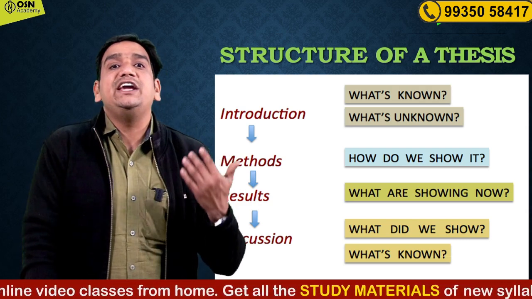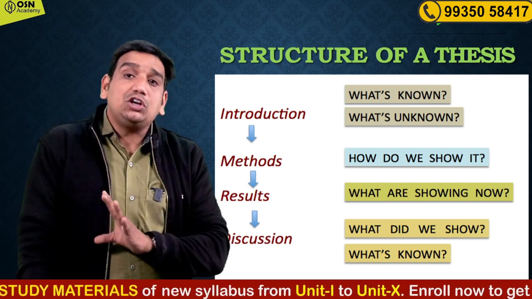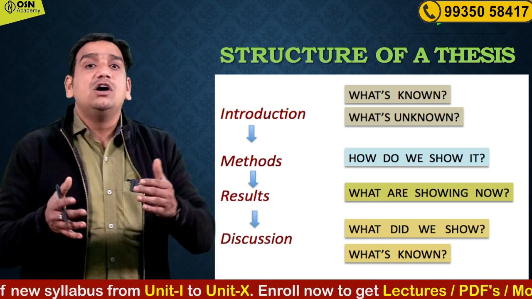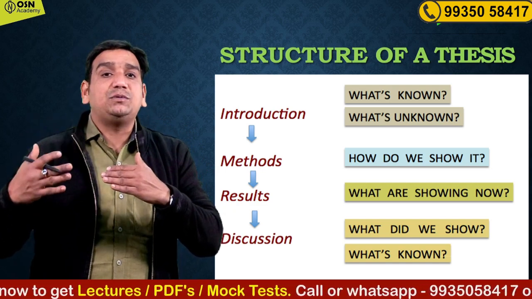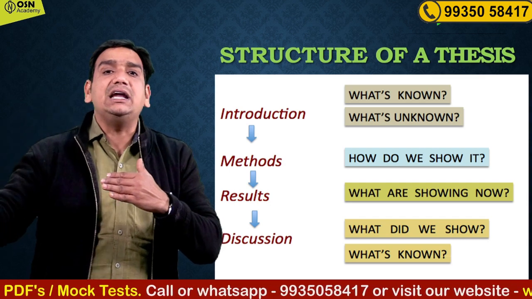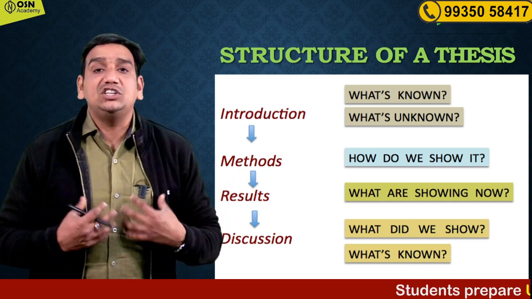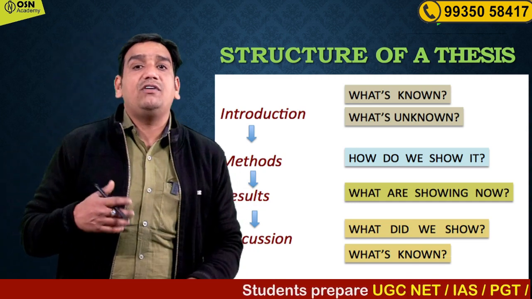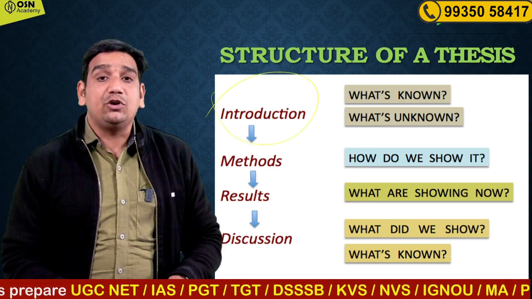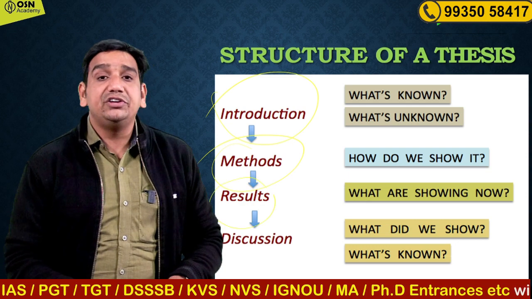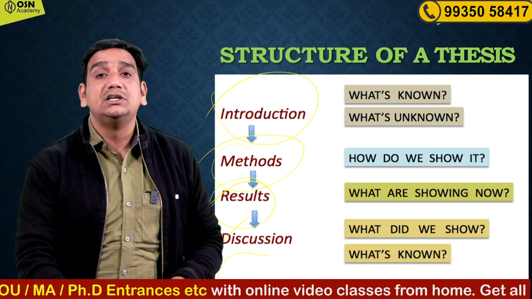But structure means which chapter will be used in the beginning, which in the middle, and which in the ending part of the thesis. If we talk about the broad categorization of the chapters of a thesis, there are four parts: introduction, methods, results and discussion. These are the four chapters.